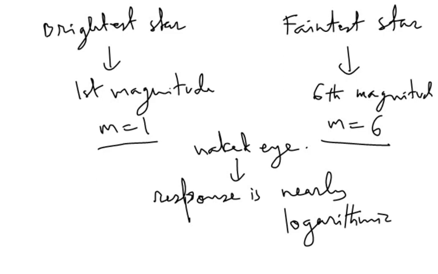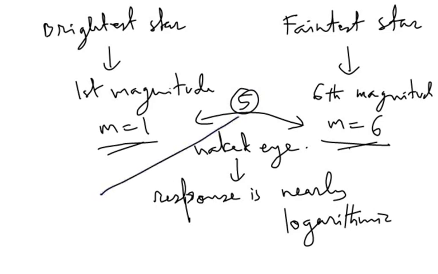And so we have to define a logarithmic scale of magnitude such that it was observed that if m equal to 1 is the brightest star and m equal to 6 is the faintest star, then this difference of 5 magnitudes corresponds to a factor of 100 in brightness.